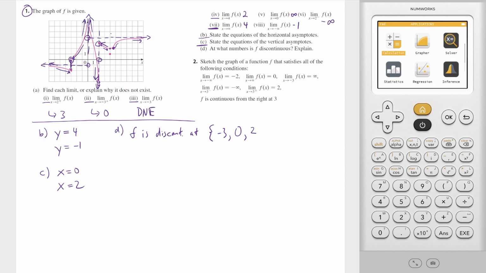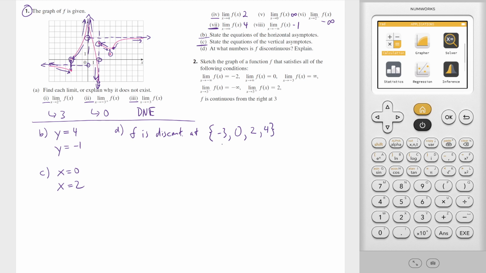And finally at x equals 4, we have a removable discontinuity because the value of the function is down here rather than up there. If we shifted that point up there, the discontinuity would go away. That's why it's a removable discontinuity, but it is a discontinuity, right there at 4.